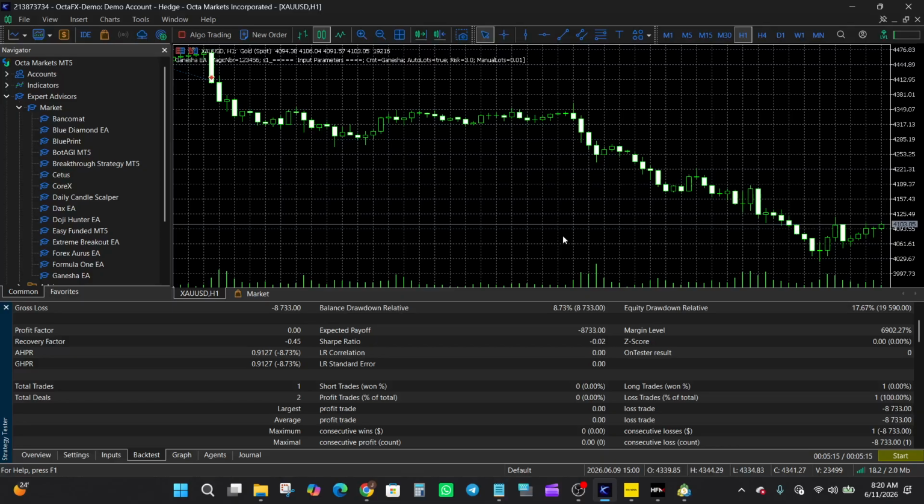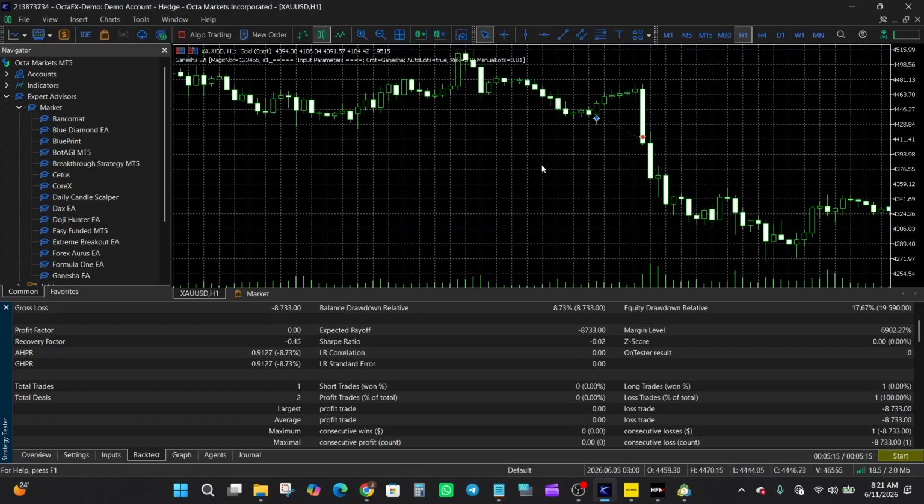Actual results can vary depending on market conditions, broker execution, spreads, slippage, leverage, risk settings, lot size choices, and user optimization.